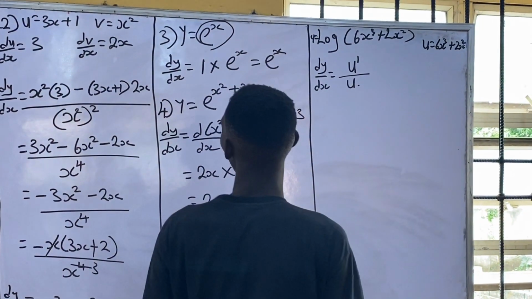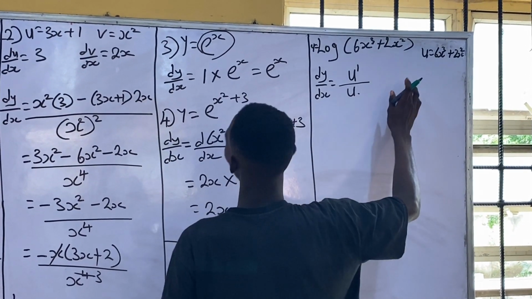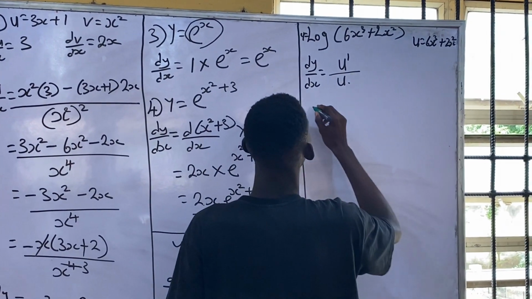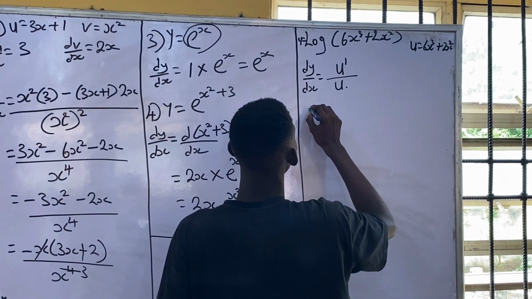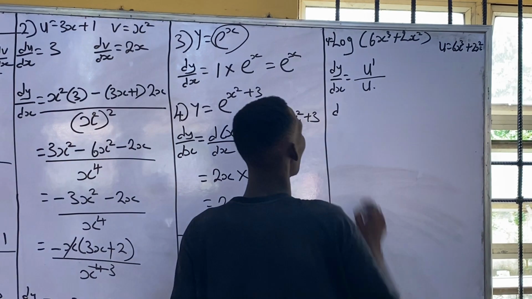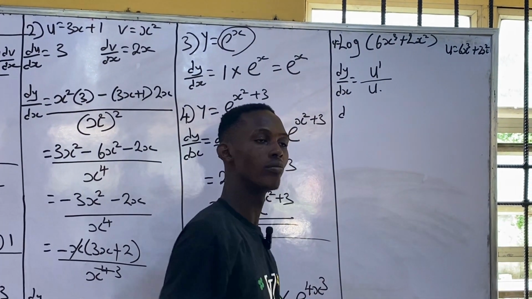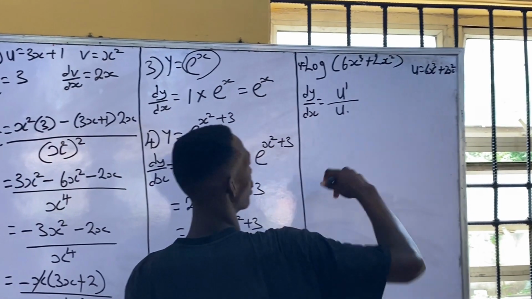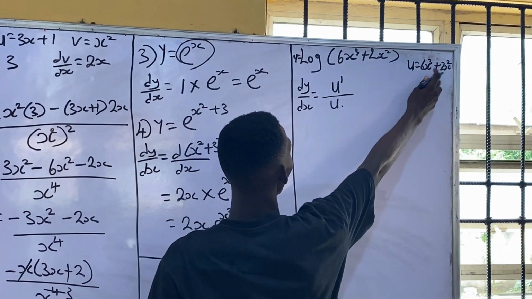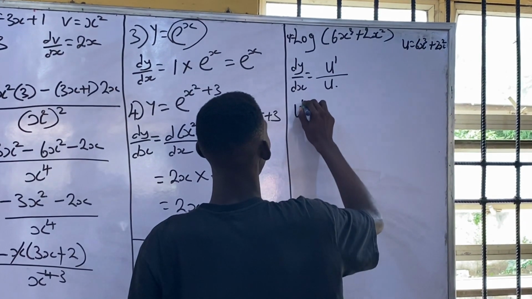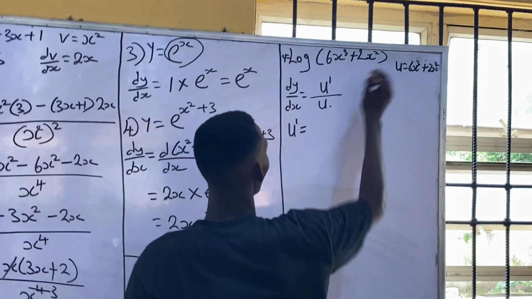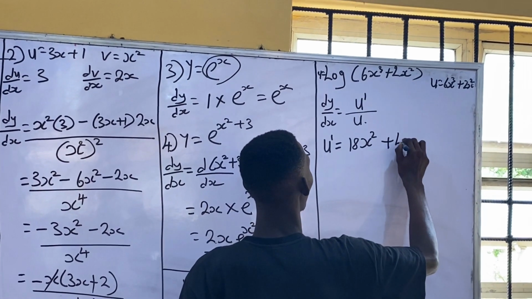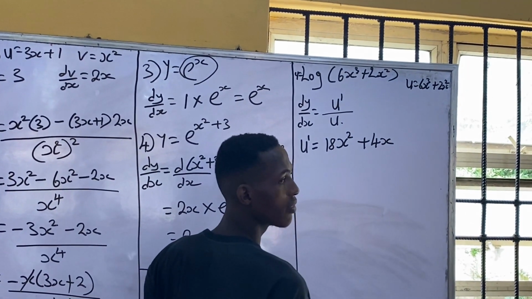Now, let us solve. If we are to find the derivative of u, it's like you are trying to use the chain formula, but I wouldn't really call it the chain formula, in order to avoid confusion. So the derivative of u is 18x squared plus 4x.